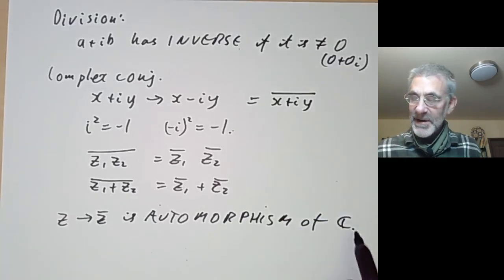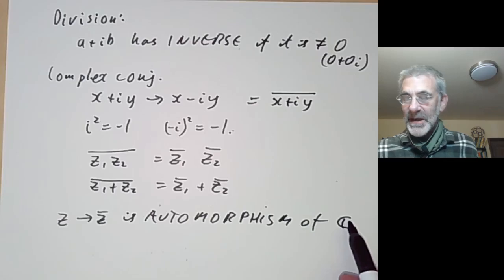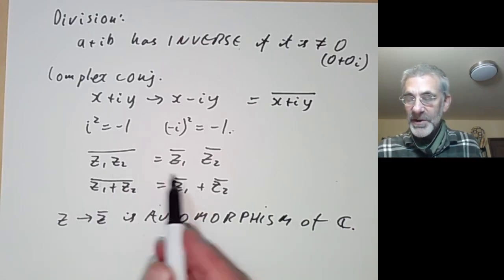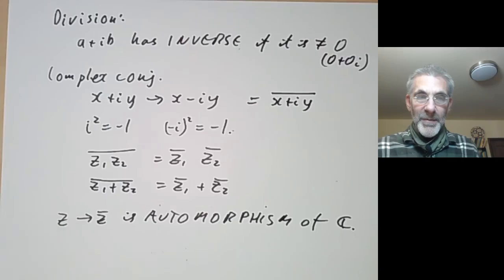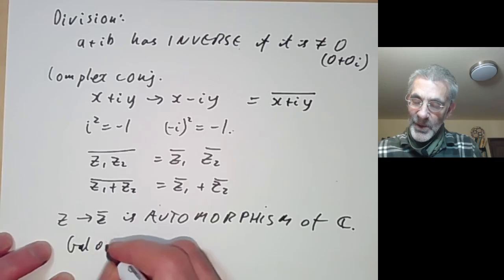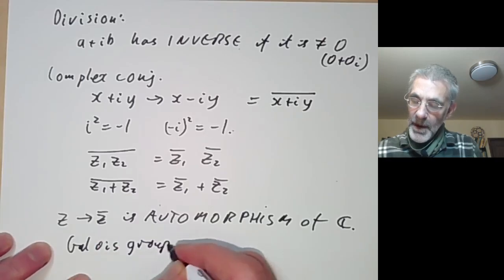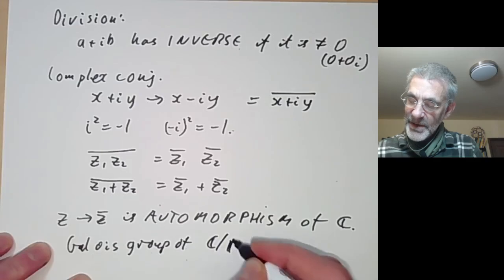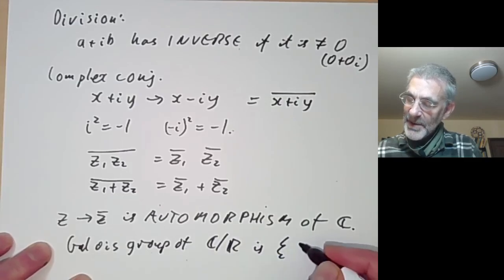This just means it's a map from the complex numbers to itself. It's a bijection and preserves all the structure you can think of. If you've done a Galois theory course, another way of saying this is that the Galois group of the complex numbers over the reals has two elements, which are 1 and complex conjugation.